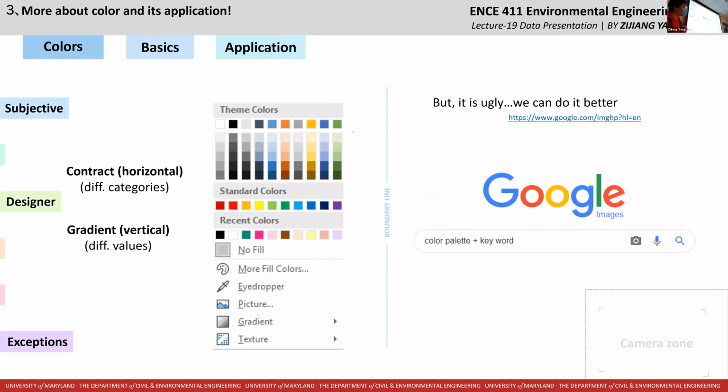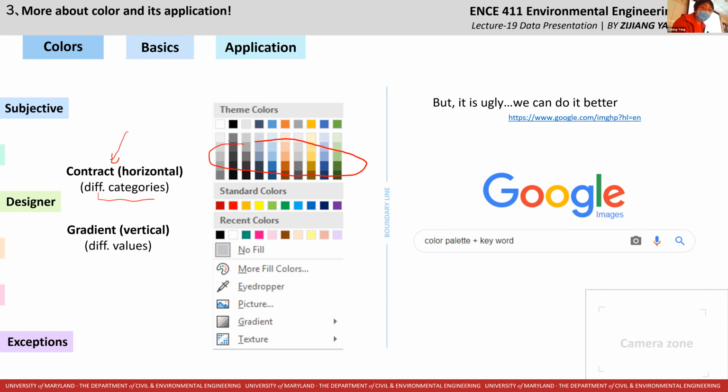So anyway, let's go back to the colors. In Excel, no matter whether it is on Windows or on iOS, they will give us colors to choose from like this. When we want to show contrast or different categories, we can just choose the colors horizontally.